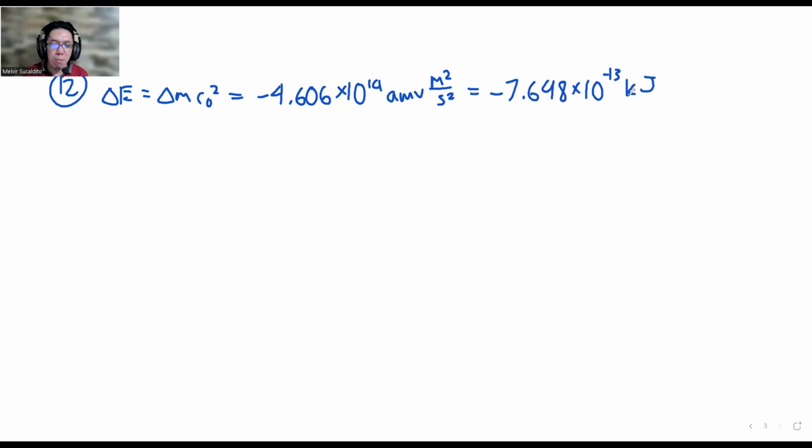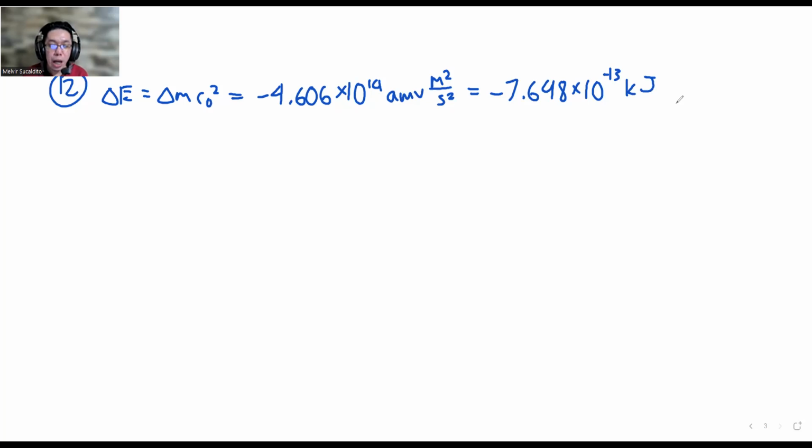What's your delta M for this? Your amu is correct, the same as mine. Negative 4.6125, and in the calculation it should be 10 to the 14th. Correct. Mine is 7.6594, almost the same.